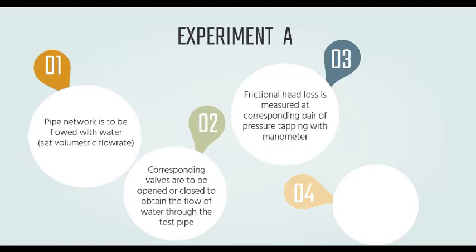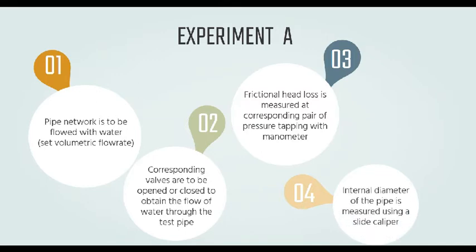Next, the frictional head loss is measured at the corresponding pair of pressure tappings with a manometer. In the real lab later, they will have a tapping, which is the point where we will measure the frictional head loss.